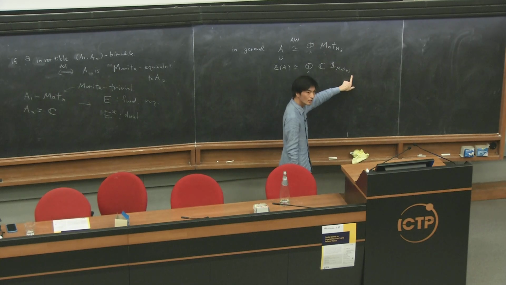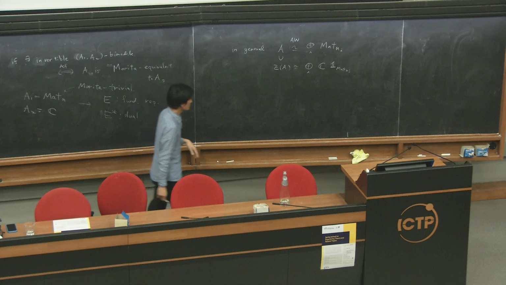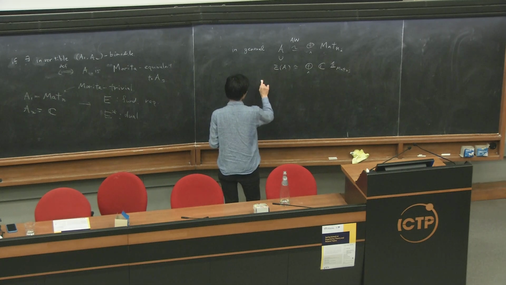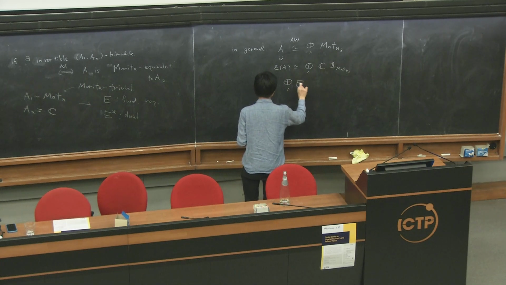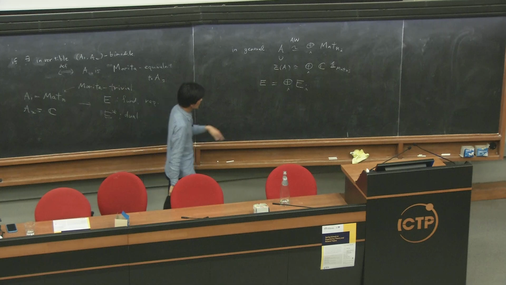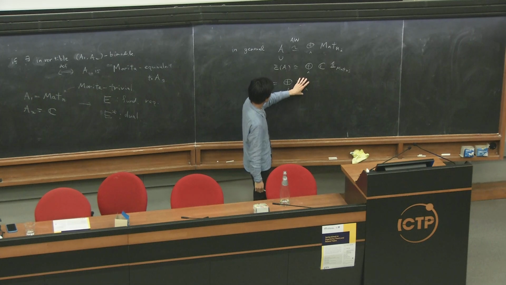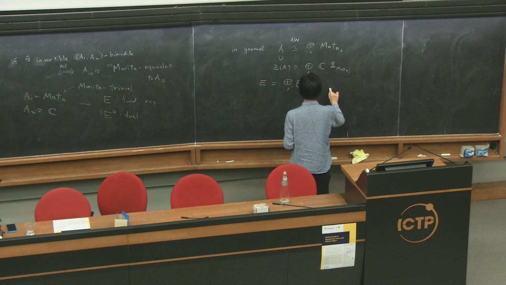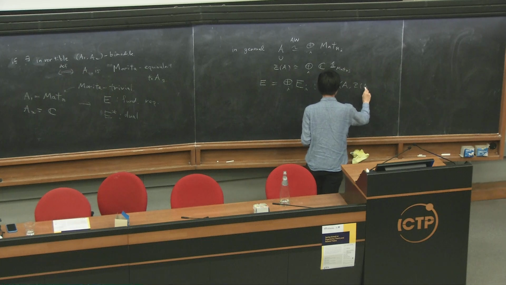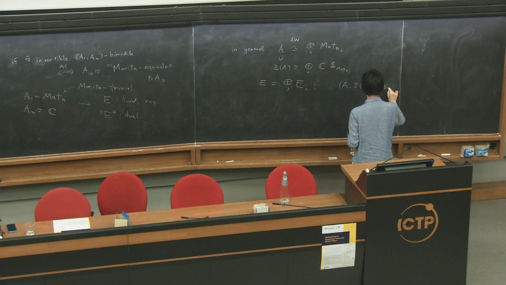You can of course take linear sums. Now if we take E to be the sum over the simples of E_i, the fundamental for each block, then you can easily see that this is an A, ZA bimodule.